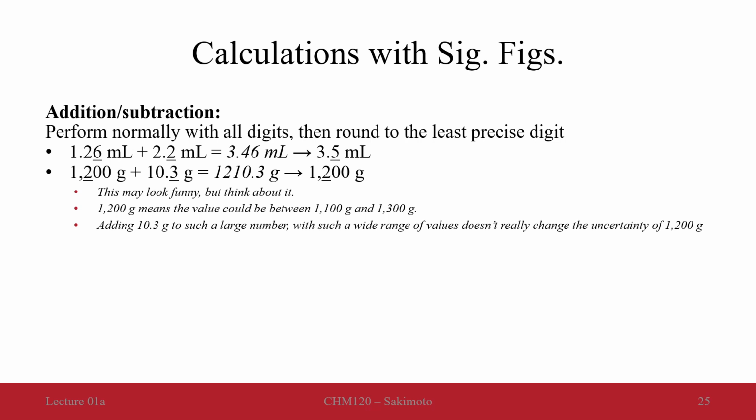Adding a very small amount of mass, 10.3 grams, 1% of that mass, really doesn't change 1,200 grams all that much. It's such a small mass to add, considering how imprecise that measurement is. And so really, I'm still only confident the value is between 1,100 grams and 1,300 grams, or of course, 1,200 grams with two significant figures.